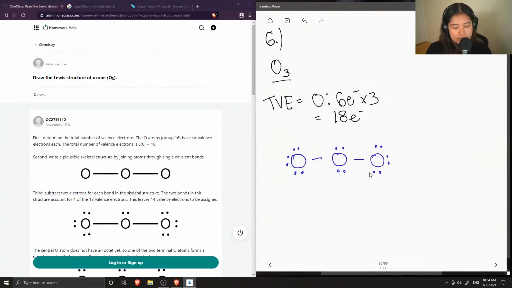Okay, so if I count out how many electrons I've drawn so far, each bond contains 2 bonding electrons. Then I have a total of 16, 17, 18, 19, 20. So I have more electrons than I need.